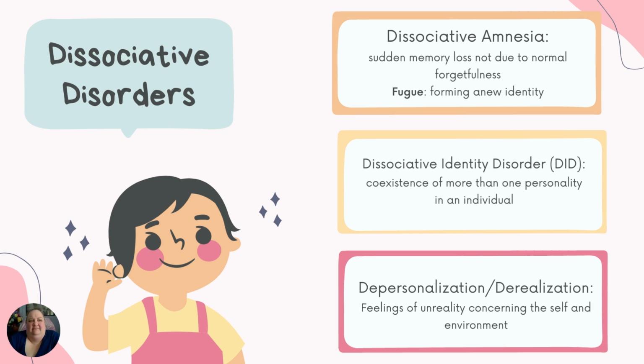So this can be something that's faked, like people fake this to try to get out of things. It's heavily publicized on television. They love writing things about this disorder, but there are real instances where this has happened, and it's generally, again, because of severe trauma.